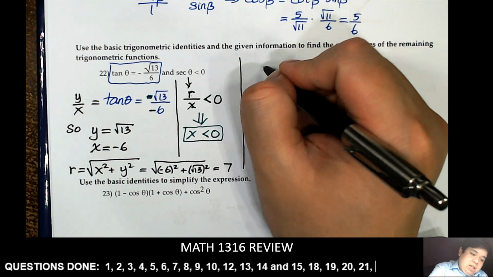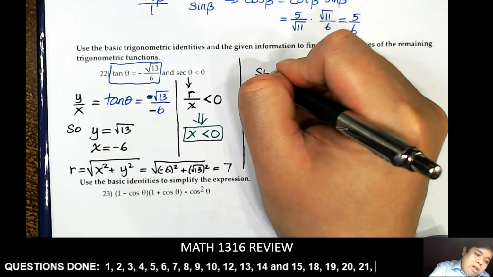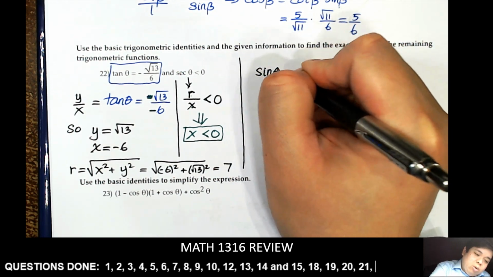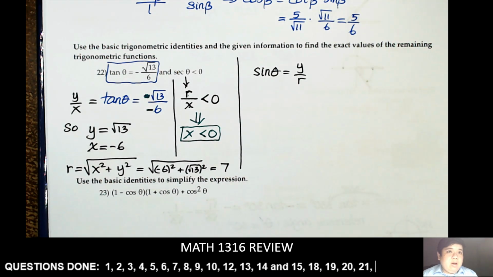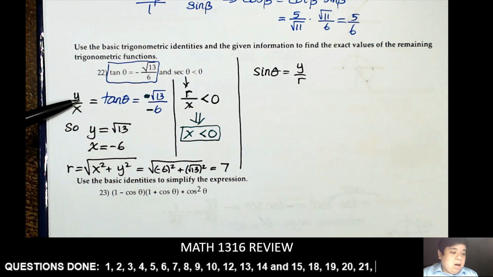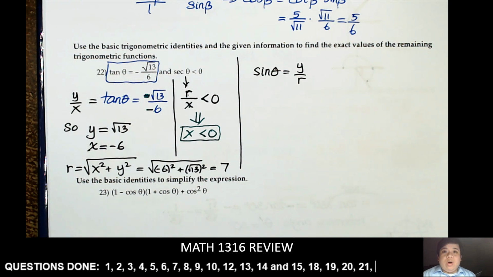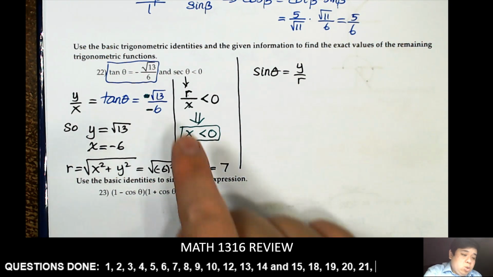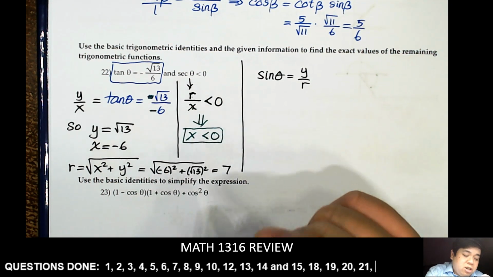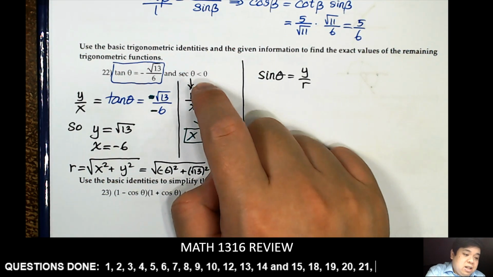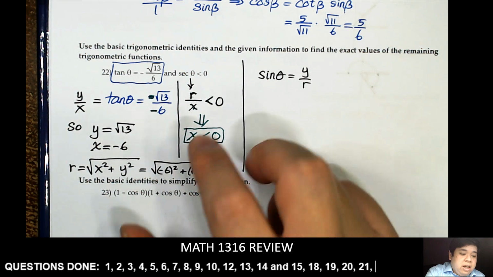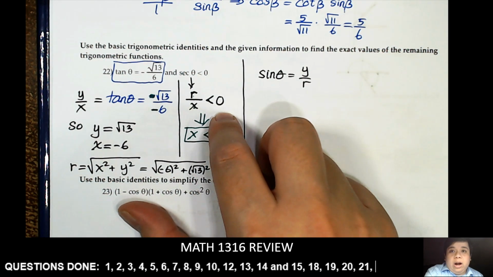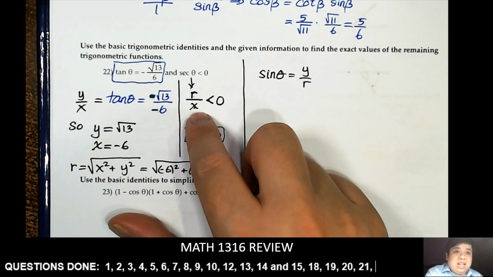The rest is easy. We just write out the ratio. Sine is equal to y over r, and you know the rest. So in this problem, again, we write out the ratio. We don't know which one is negative, which one is positive. So we go to the second condition: secant is equal to r over x, and it's negative. r cannot be negative, but x can.